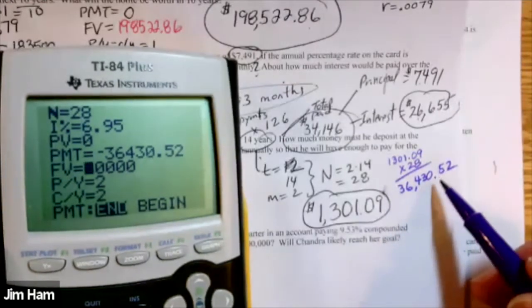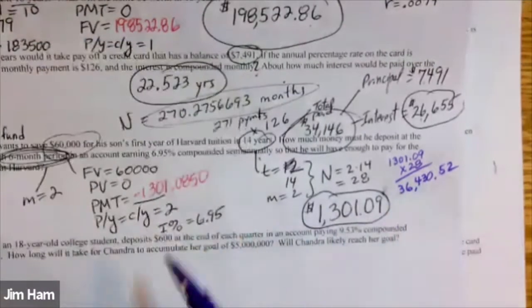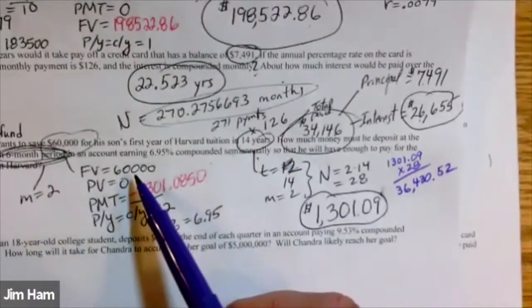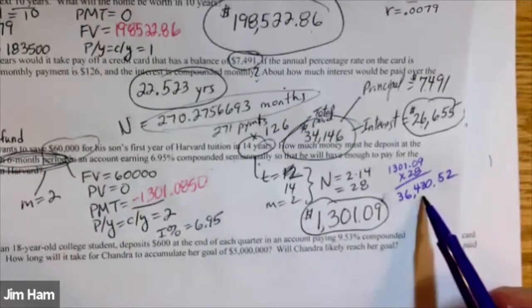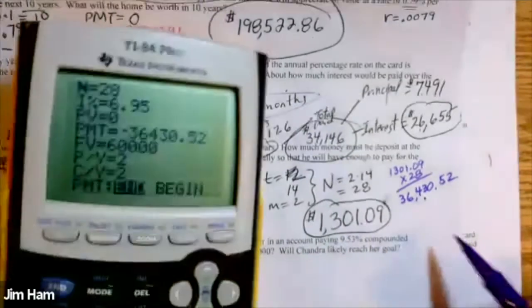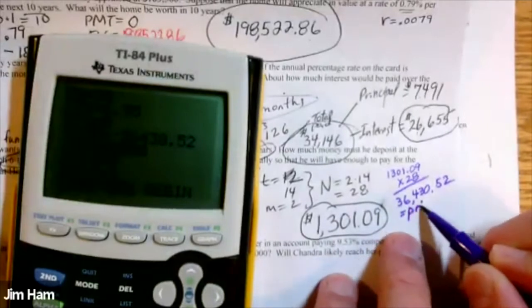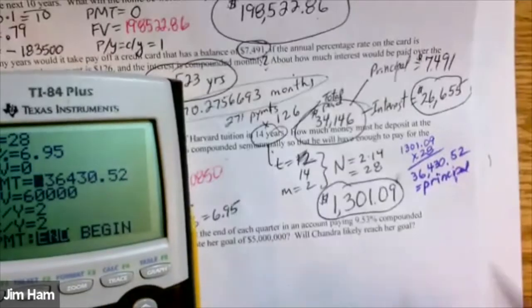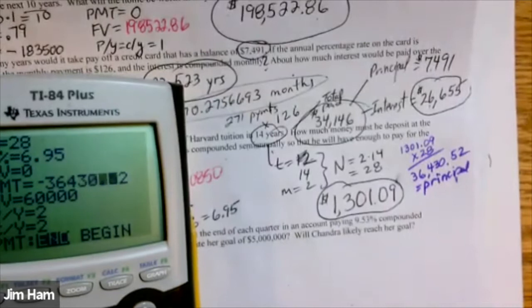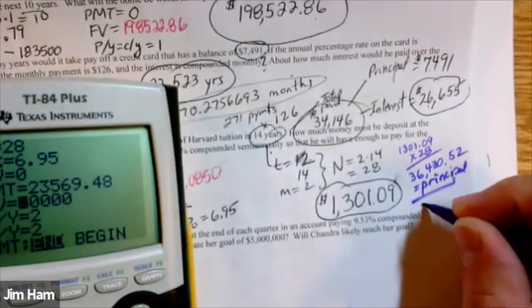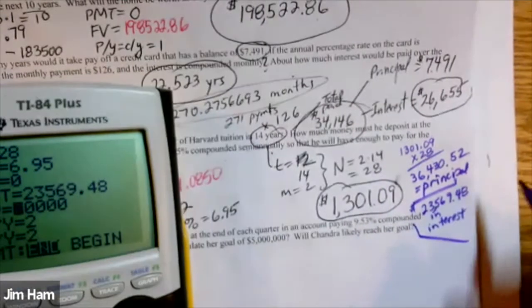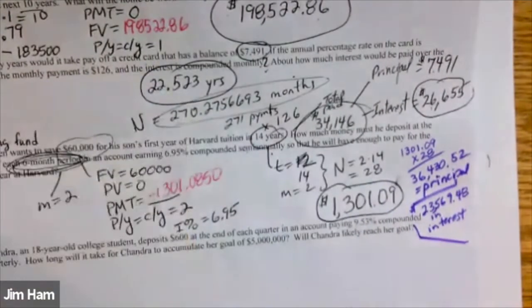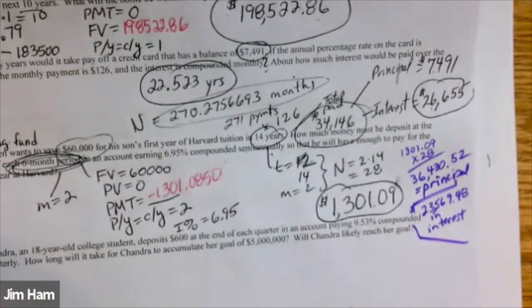At the end of the 14 years, he actually has $60,000. The difference between what he has after 14 years and what he put in himself is the interest. So we take that number and subtract it from 60,000, and that turns out to be 23,569.48. Again, that interest calculation is not a TVM solver problem. It's just a subtraction problem.